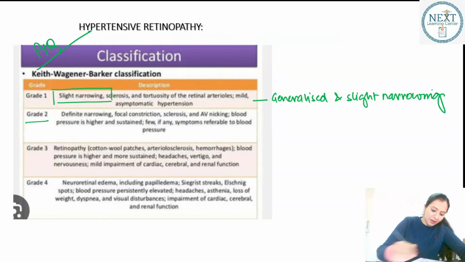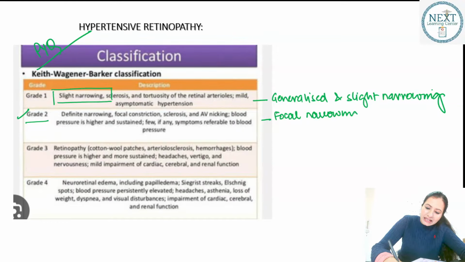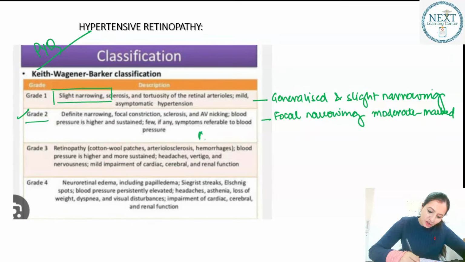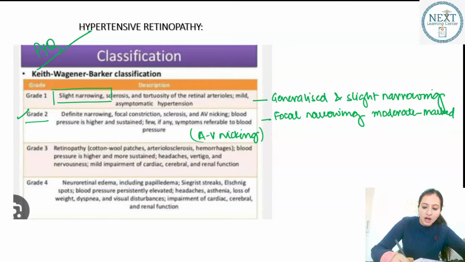If you move on to grade 2, it is focal narrowing, which is moderate to marked. That means it is more than grade 1. Along with that, the patient is going to have AV nicking, which is characteristic of grade 2 and also known as Salus sign.